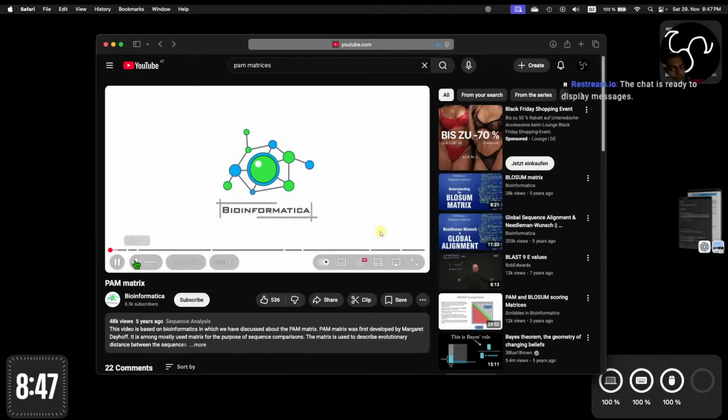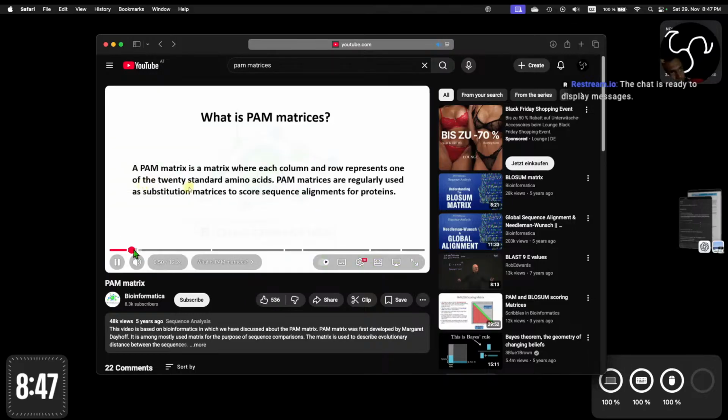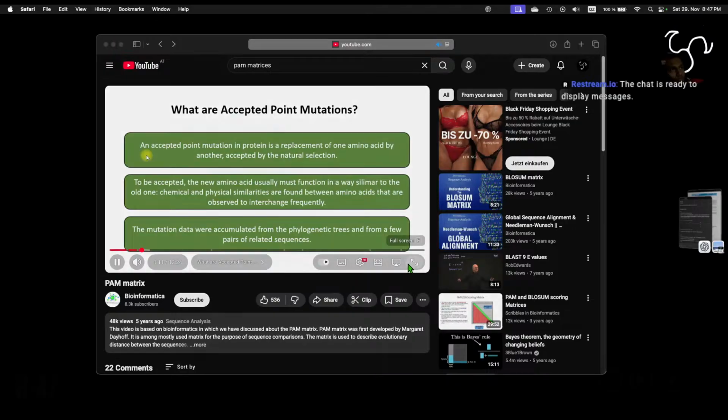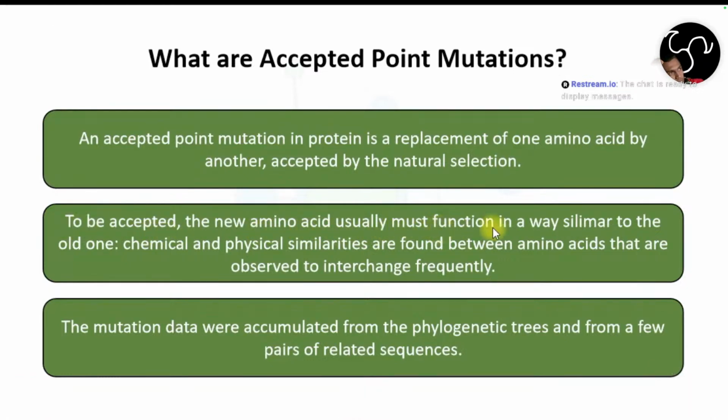Hello again, I am Mahima Bhardwaj from Bioinformatica, which was first developed by Margaret Dayhoff. One of the 20 standard amino acids accepted point mutations. An accepted point mutation in protein is a replacement of one amino acid by another accepted by natural selection. To be accepted, the new amino acid usually must function in a similar way to the old one.